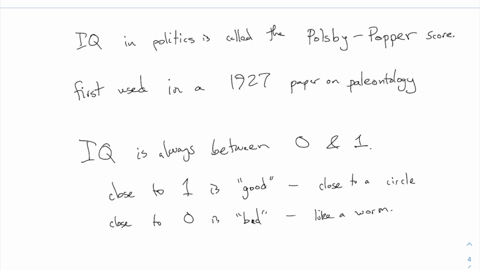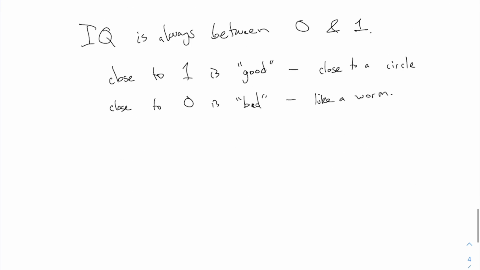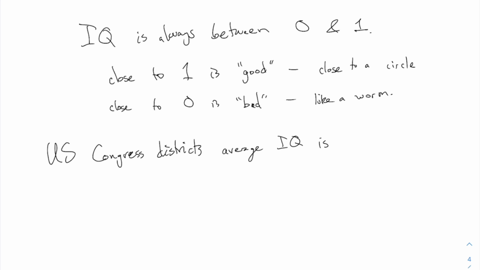This is actually a more commonly used measure in politics, more common than the convex hull score for whatever reason. I'm not sure why they like this one better generally, but nationwide, the U.S. Congress districts average isoperimetric quotient is 0.23, just to give you an idea of what these figures generally look like in the real world.